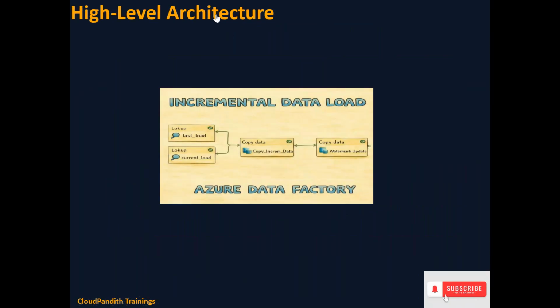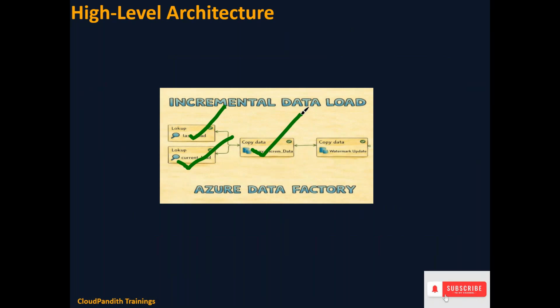If you look here, you can see the same 4 steps that I'm going to explain. First, lookup one, which reads the existing watermark value from the JSON file. This tells us up to which point data was processed in the previous run. Next, lookup two reads the maximum watermark value from the source system based on the current data available.